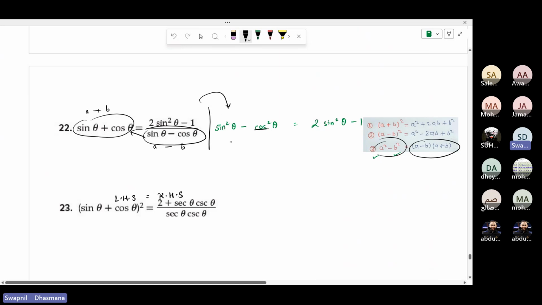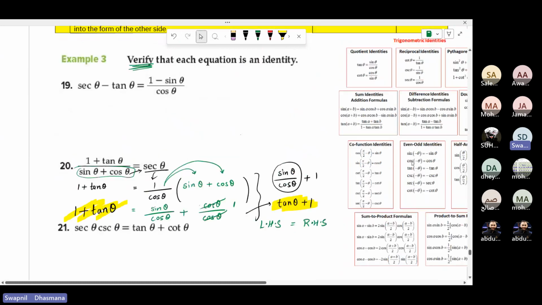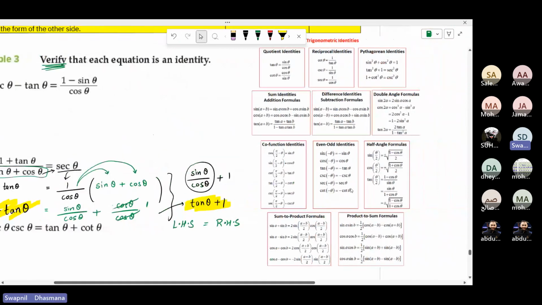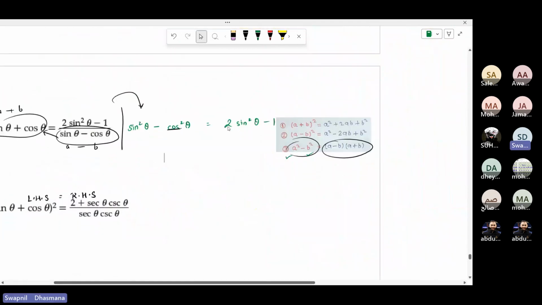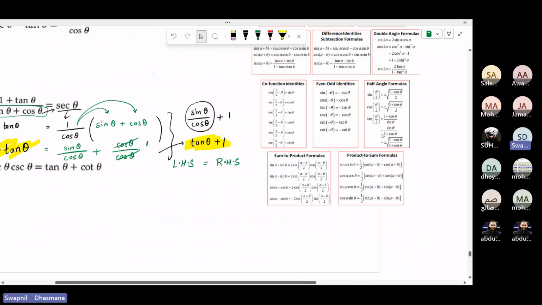Now, you can write cosine theta as 1 minus... It's going to be difficult, boys, either way for you to understand, but I will try. Look, this is 2 sine square theta minus 1.